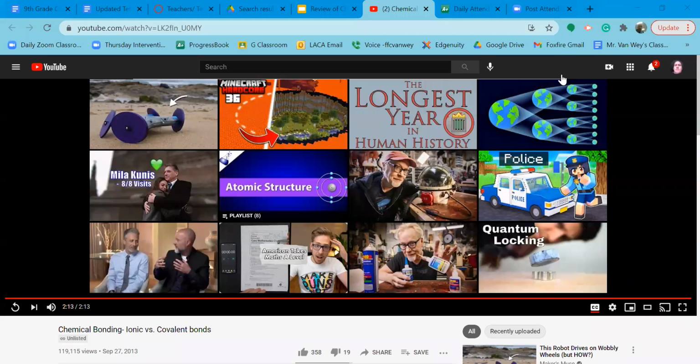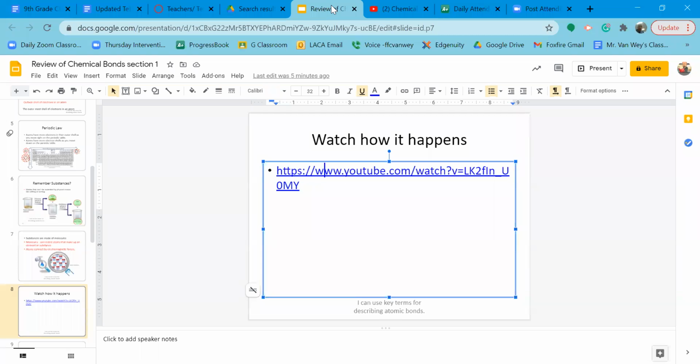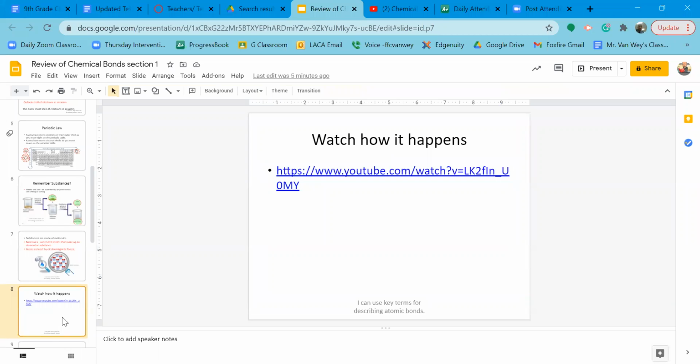Okay, so that gives us a quick picture of ionic versus covalent bonds. But basically what happens is atoms don't want anything, of course. They're not people or animals even, but we can say that atoms have a tendency to have 8 electrons in their outer shell, or in the case of hydrogen and helium, 2 electrons in their outer shell.